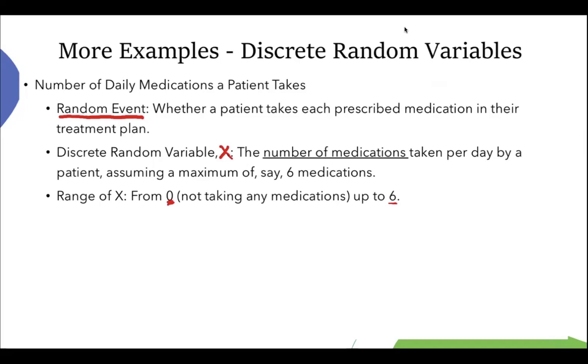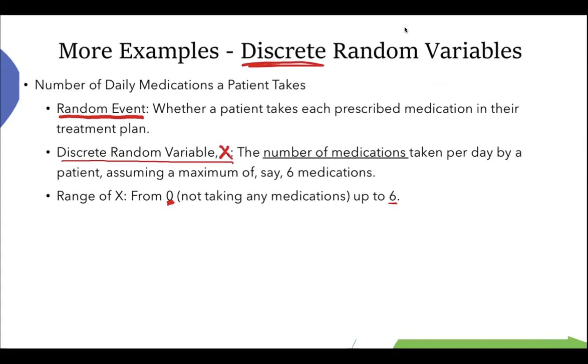So that is our discrete random variable X. That is the number of medications being taken per day by a patient. So it is discrete because you can't take 1.5 medications per day. You take one or two, right? So there's that gap in between one and two.